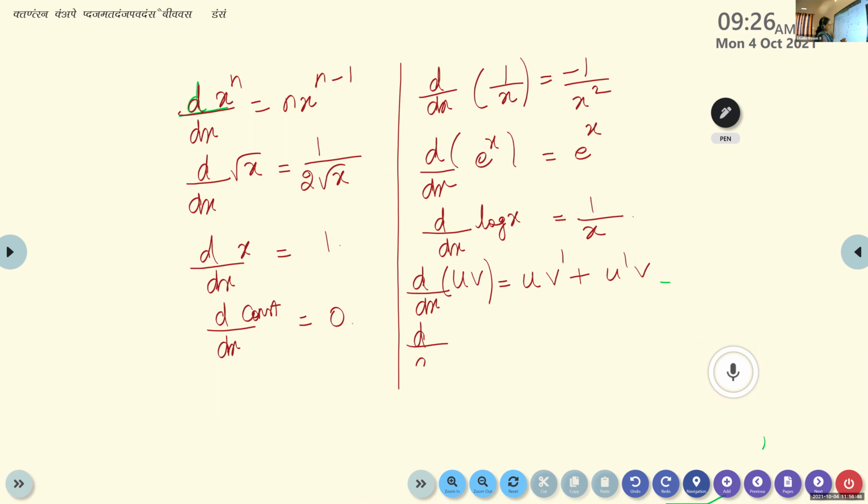Then quotient rule. d by dx of u by v, or we can say this as u by v the whole dash. What is the quotient rule? v square. v into u dash minus u into v dash by v square.